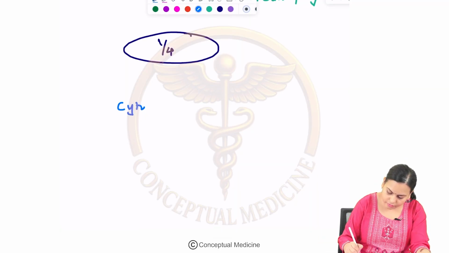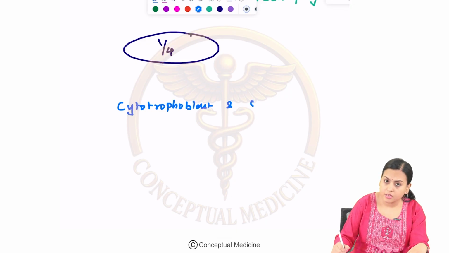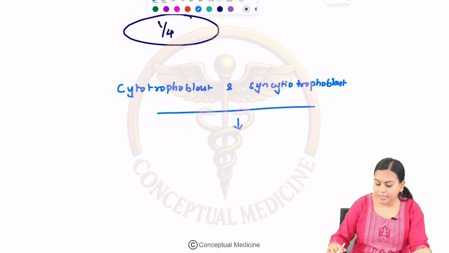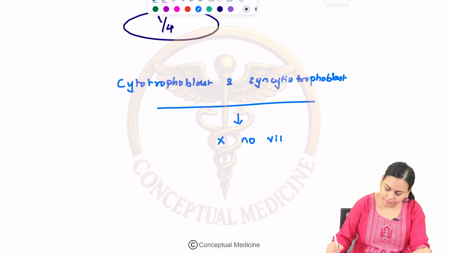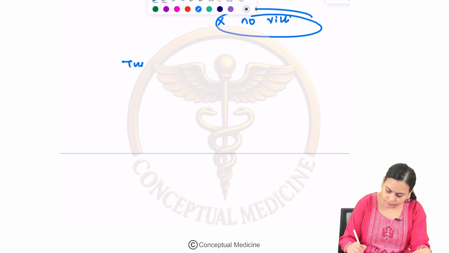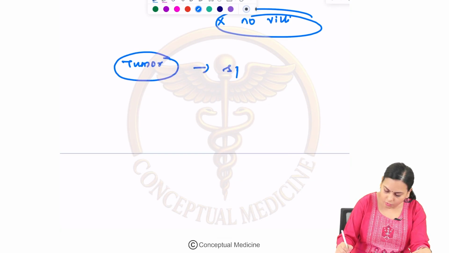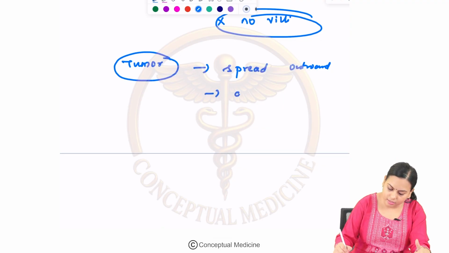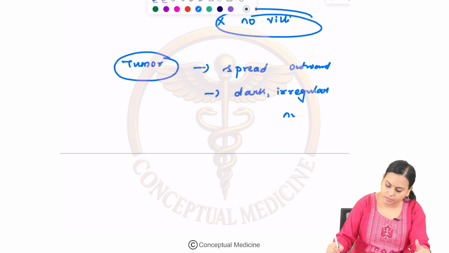It consists of cytotrophoblast and syncytiotrophoblasts, and this contains no villi. Okay, no villi is there. Clear? So, this tumor spreads outward and becomes visible on the outer surface of the uterus as dark irregular nodules.